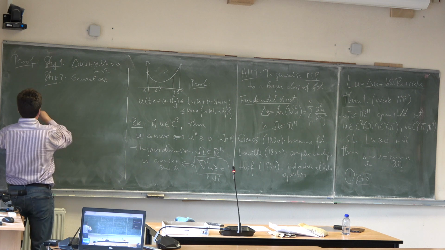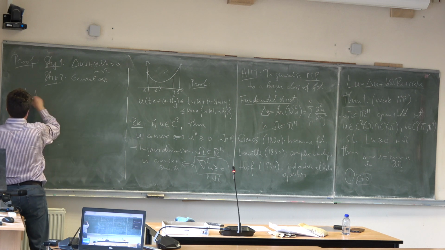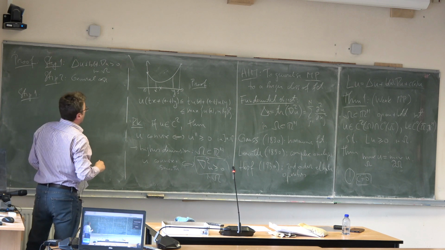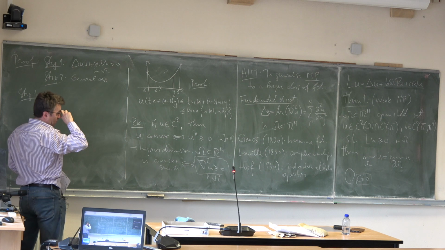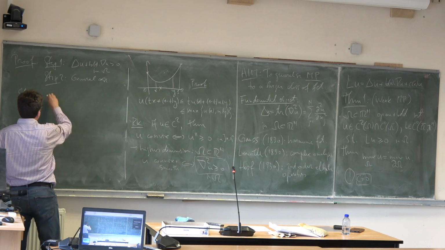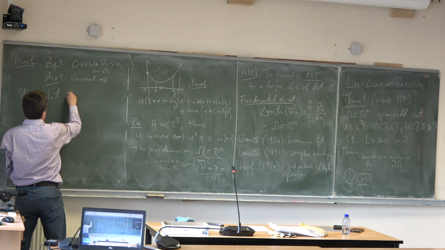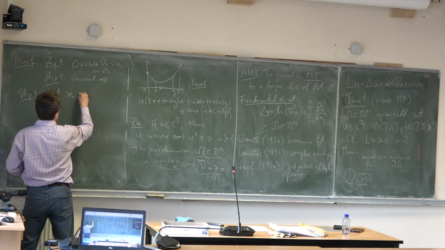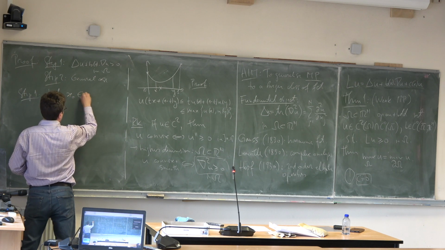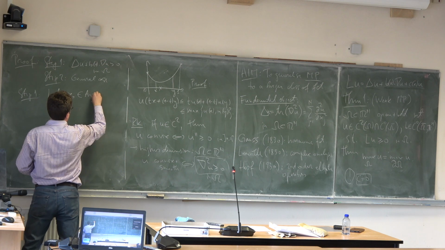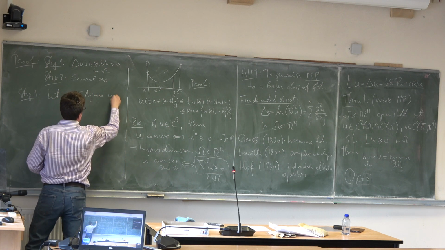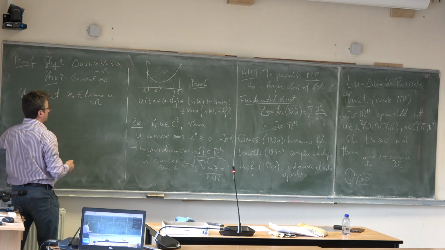Okay, so let's do step 1. It goes by contradiction. Let's take x0 a maximum of u in omega.